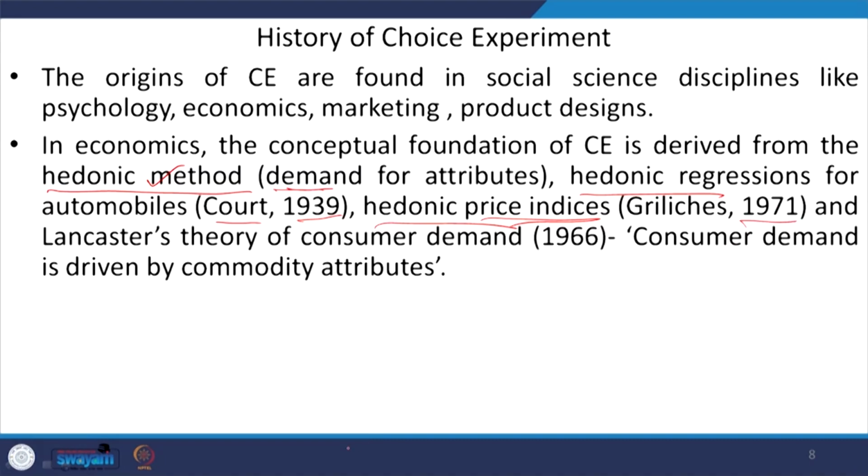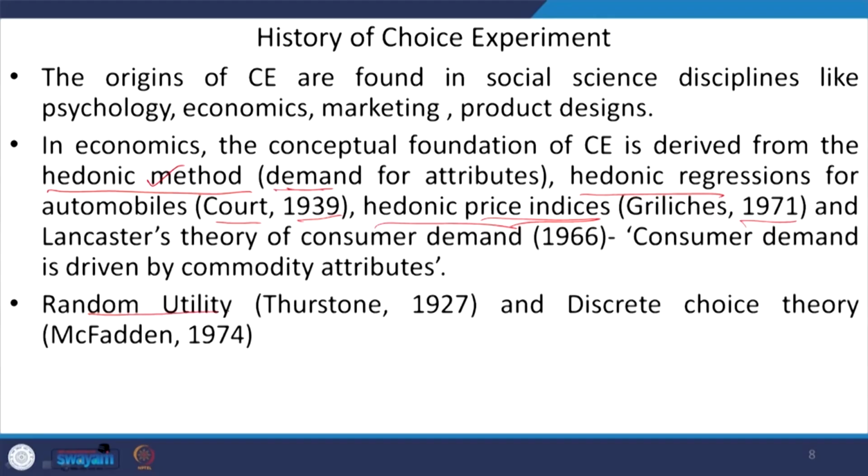We have already talked about Lancaster's theory of consumer demand, which is also one of the backbones in forming the choice experiment. We also talked about random utility theory. Originally it was developed by Thurstone in 1927, then McFadden expanded on this idea of random utility and propounded the discrete choice theory.